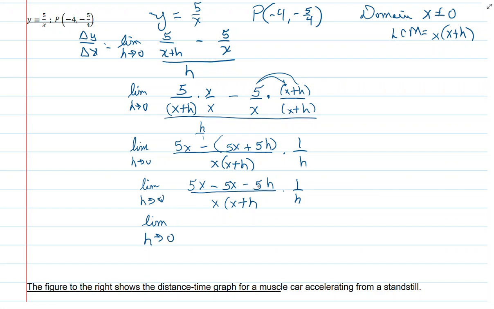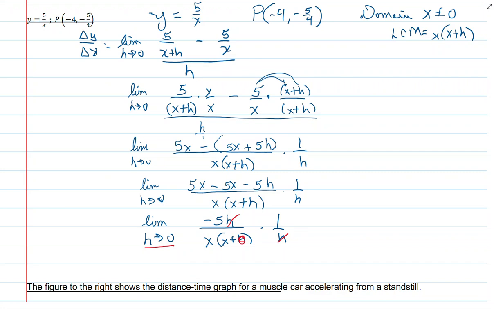So I'm going to end up with negative 5h over x times x plus h, times 1 over h. Now we're going to cancel out our h. All right. Now we have the equation. We take the limit as h approaches 0. So if I take this limit, this is 0. Does it affect anything? No, it's still x. Does everybody see it? It's an x squared to be exact.